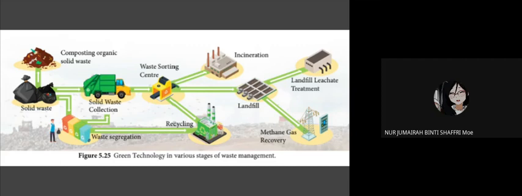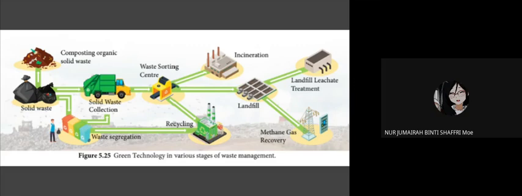At the waste sorting center, they will sort the waste into recyclable and unrecyclable waste, and then it will be brought to the incineration, landfill, or the recycling center. Or you can put your waste in the waste segregation, and it will be brought to the recycling center.